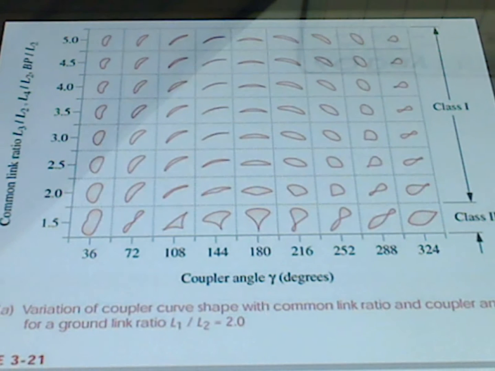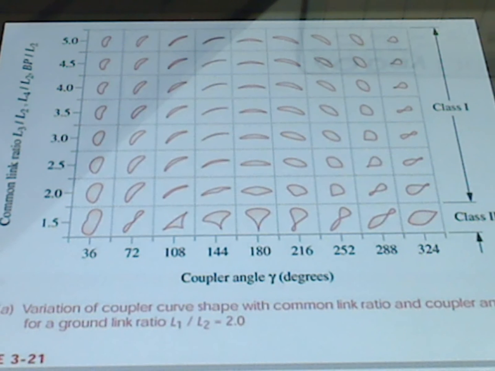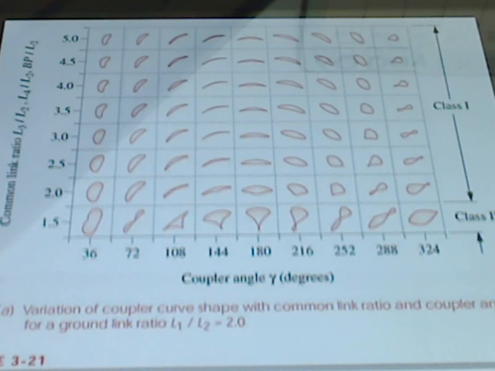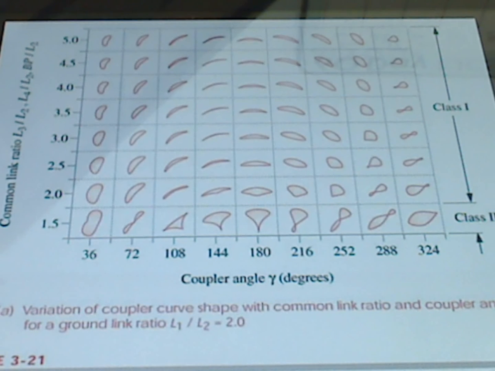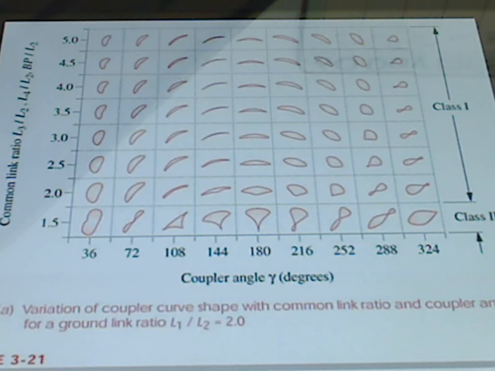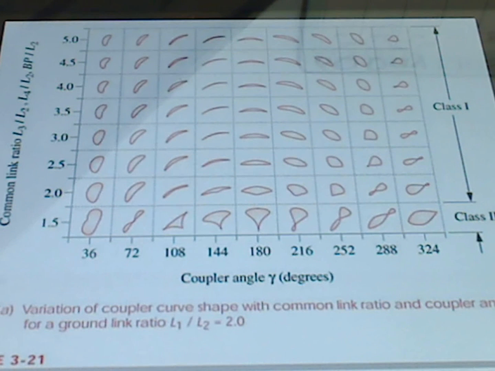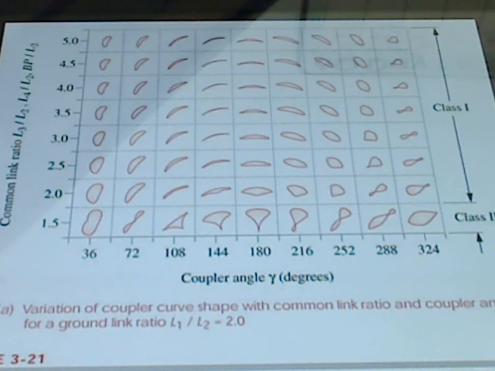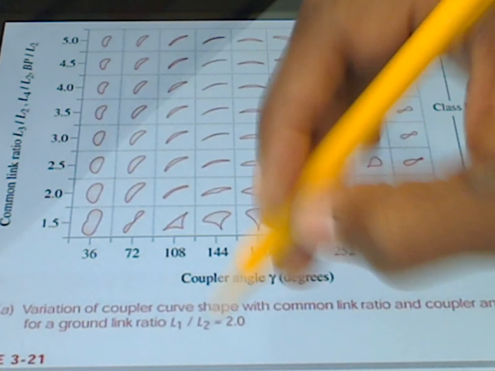I'm going to write those down again so we can keep track of what's on this table when we turn away from it. All of those are equal to 2.0, our gamma is equal to 288 degrees, and we have L1 over L2 equal to 2 down here.